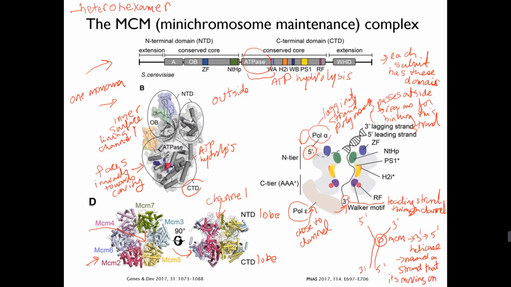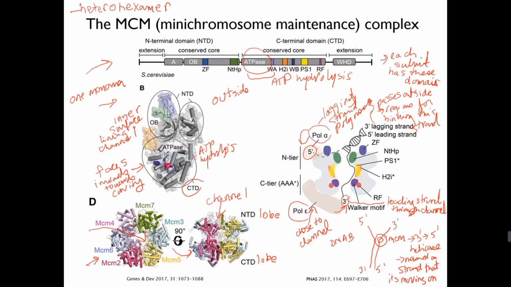So all helicases unwind DNA, but they don't all do it exactly the same way. An example of a contrasting case is the DnaB protein. DnaB helicase is a replication helicase in E. coli cells.